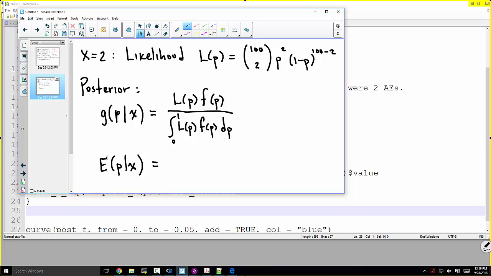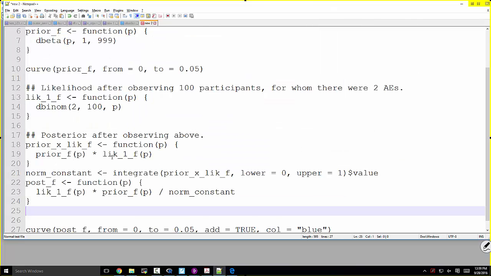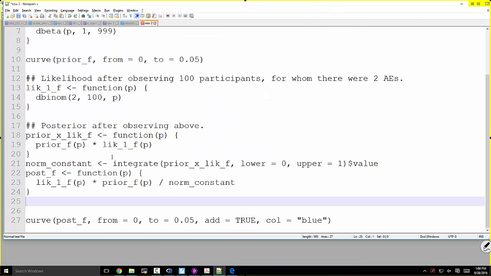It is an integral of possibility times probability, roughly speaking. 0 to 1, integrate over all p of p times its probability distribution. So remember, this is like a weighted average. That's what an expectation is, expected value. Let's compute the posterior mean.